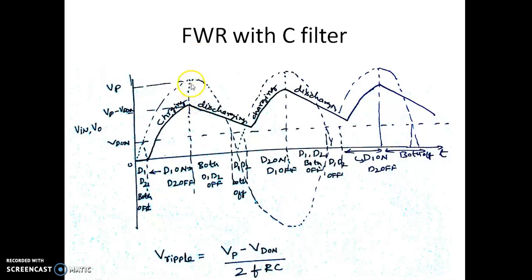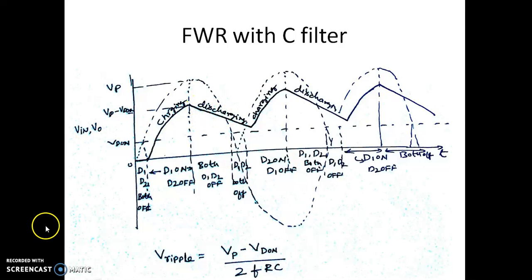You can see this is the difference between the input and the output, which is a difference of Vd on. Once both the diodes are off, since it is in the positive half cycle, D2 is off. Now since the capacitor voltage is more than the input voltage, it starts discharging.